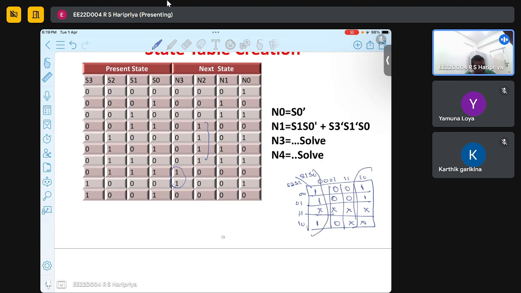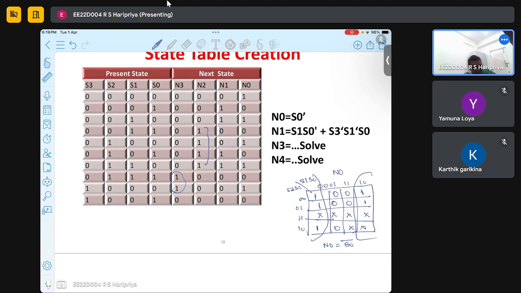This and this form a group of 8. So n0 is equivalent to S0 complement. Similarly, we can simplify the expressions for n1, n2, n3.